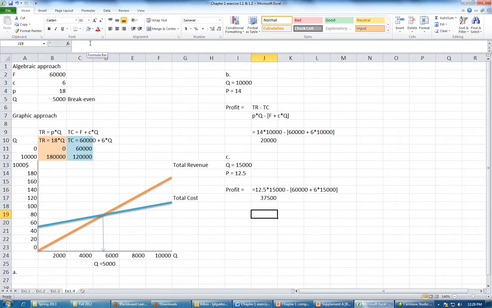Okay, you can see that we can summarize that at sale price P equal 12.5, the profit is better. Okay, I think that is the finished exercise 1.4.